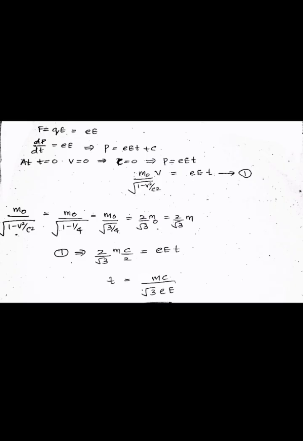This is equal to 2 by root 3 M, because in the option here M naught is taken as M. So substituting this value in equation number 1, equation number 1 gives 2 by root 3 MC by 2 is equal to EET. That is T is equal to MC divided by square root over 3 EE. So this is the value of time.